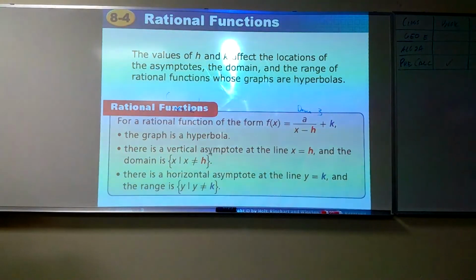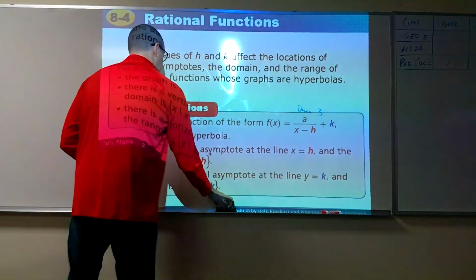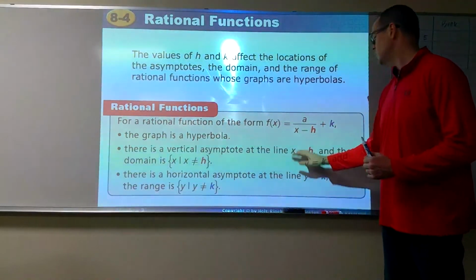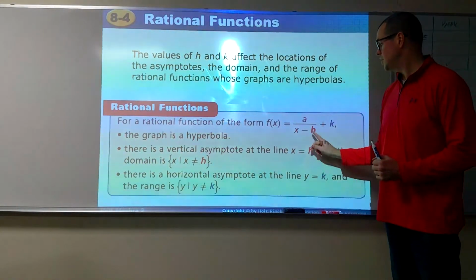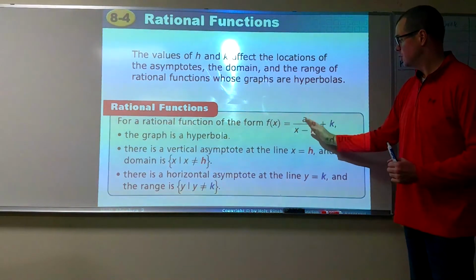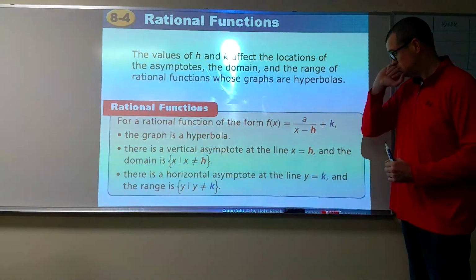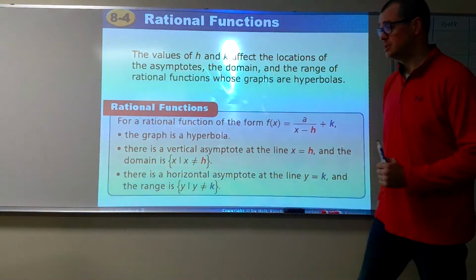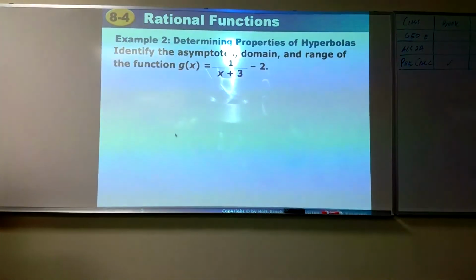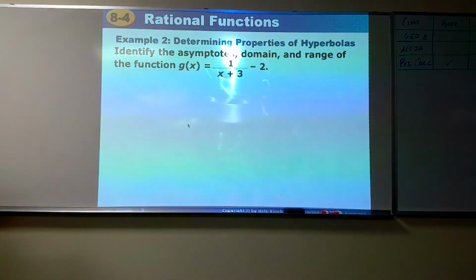So, for a rational function of this form, the vertical asymptote is going to be at h, and the horizontal asymptote is going to be at k. So your vertical asymptote is on what makes the bottom 0, and your horizontal is going to be that k value out there. So when you're looking at it in this form, identify the asymptotes.